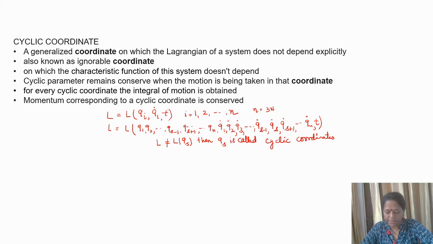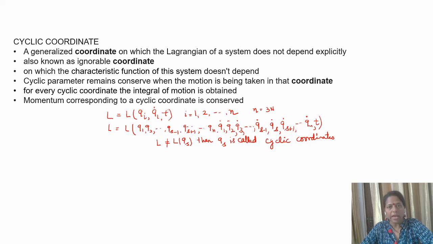As I told you, if qj is absent from L, it is called cyclic. We'll see later that if qs is absent from L, it will also be absent from H. H means the Hamiltonian, which we will introduce later, because there is one way to solve dynamical problems, that is Newtonian mechanics. Then there is another way, known as Lagrangian mechanics, and another approach known as Hamiltonian mechanics, where we define the Hamiltonian.